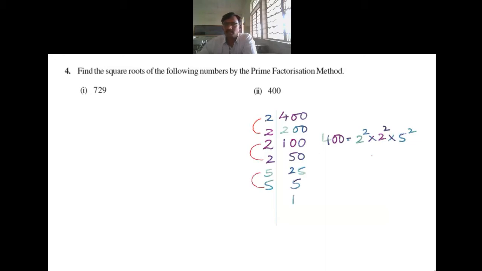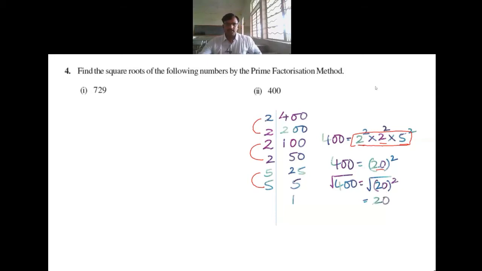So 3 pairs are there. So 400 will be 20 whole square. You need to multiply the bases inside: 2 into 2 into 5 is 20. So 20 square. Therefore, the square root of 400 is 20.